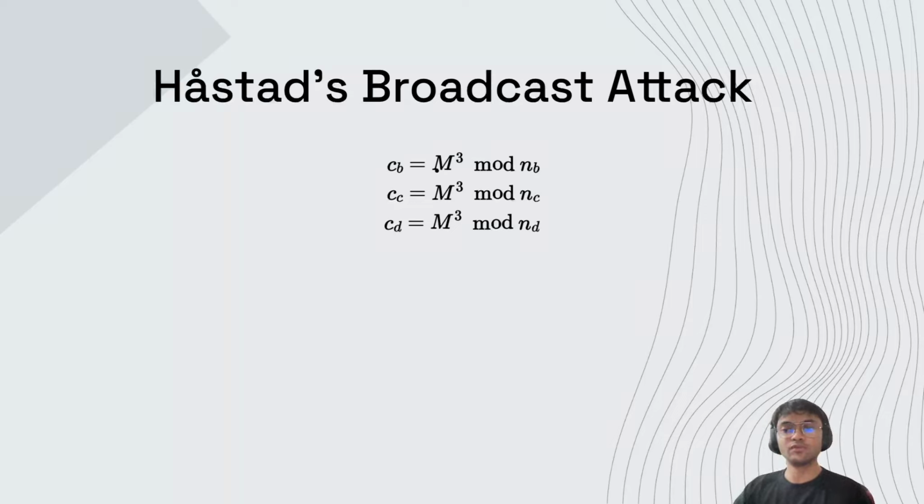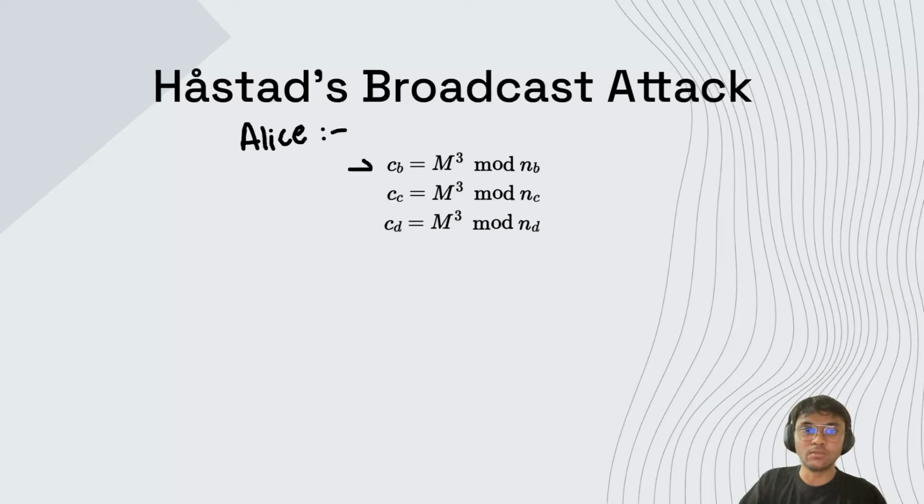To begin with, we are given 3 ciphertexts, or rather, Alice computes 3 different ciphertexts: C sub B, which is sent to Bob, C sub C, which is sent to Carol, and C sub D, which is sent to Dave.